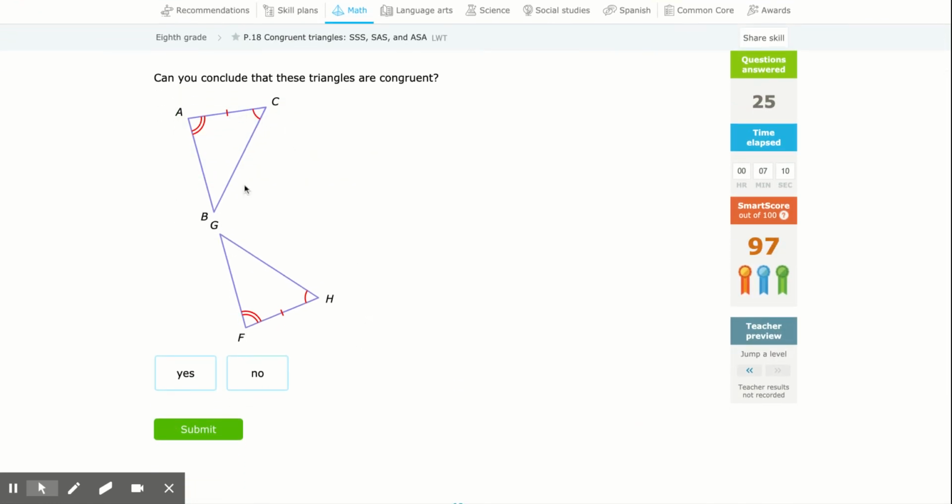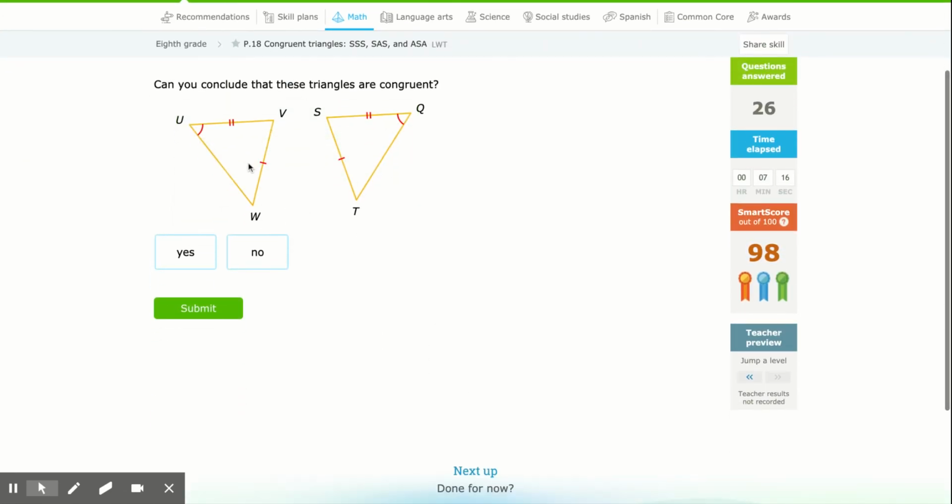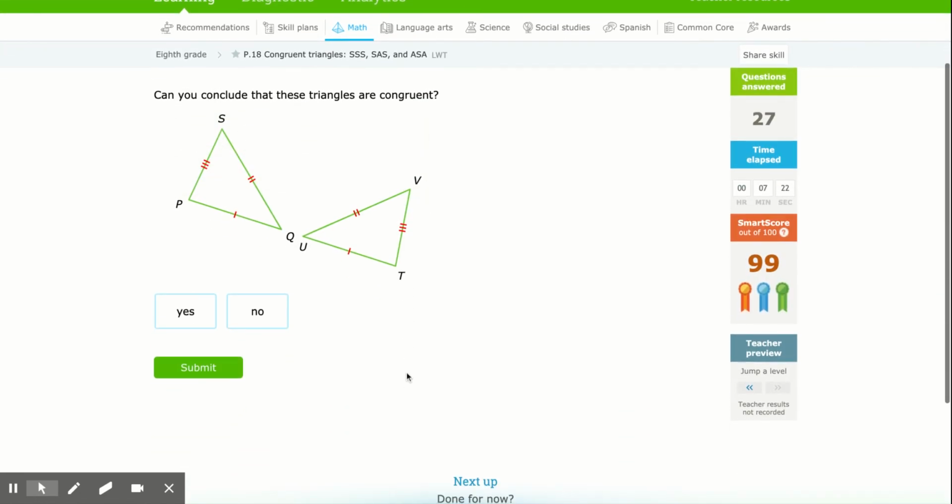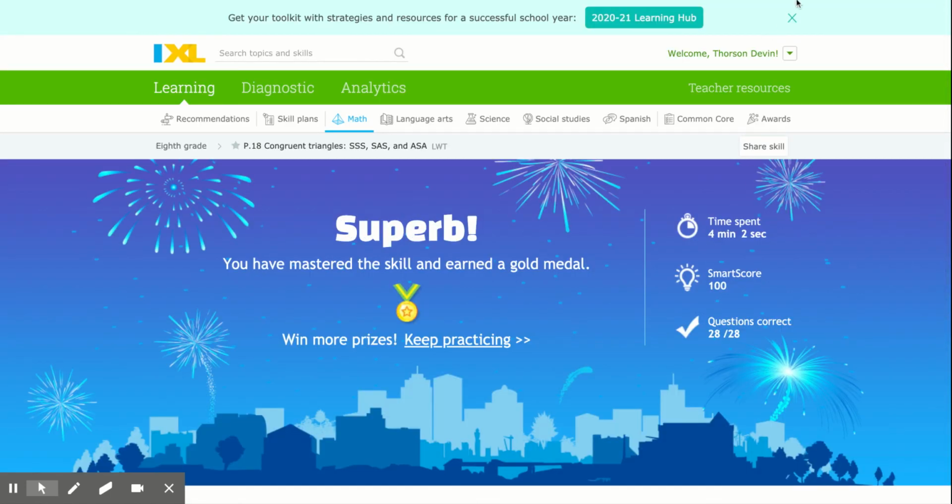Angle, side, angle, yes. Side, side, angle, no. There is no side, side, angle. Three sides is yes. Again, you should be able to fly through this. If you have any questions, please do bring them to class.